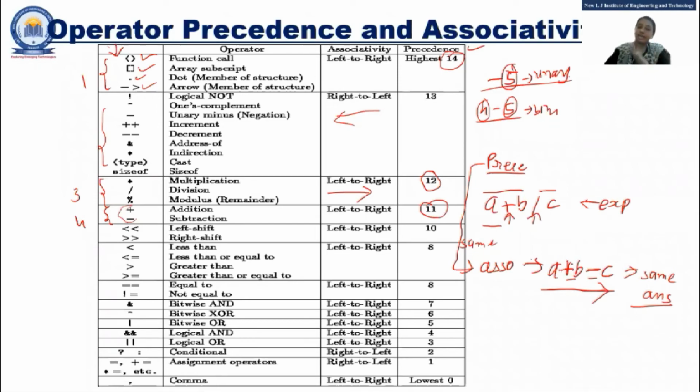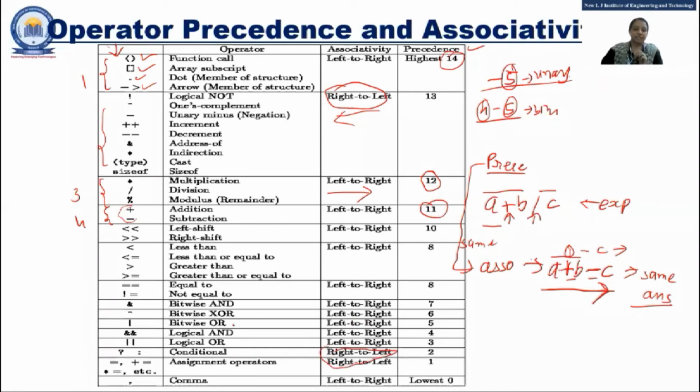First A plus B and then subtract C, again the same answer. But normally it goes left to right in C. So first it will do A plus B, and then subtract C from whatever the answer is. Only some operators have right to left, which you can remember here.